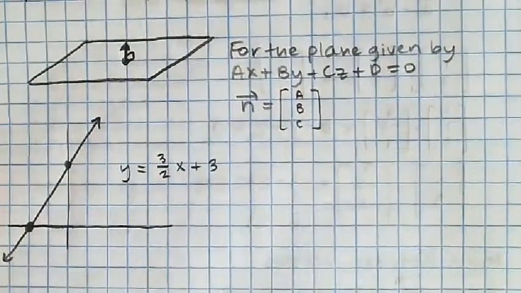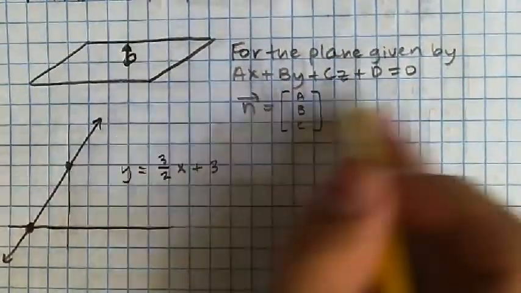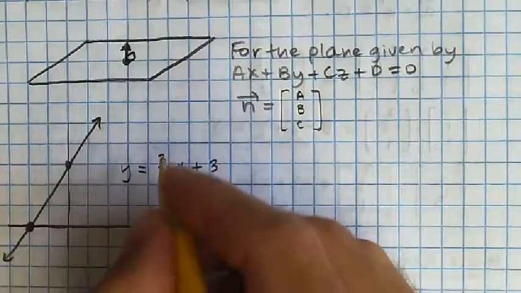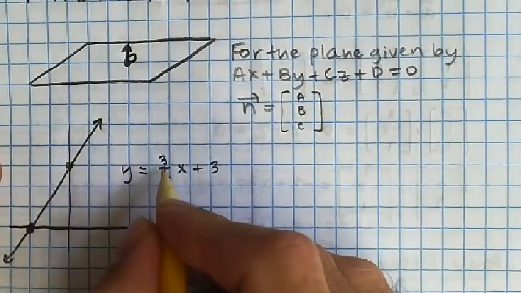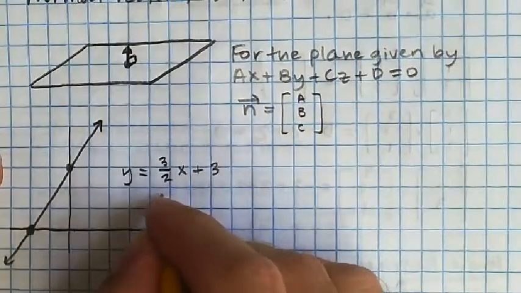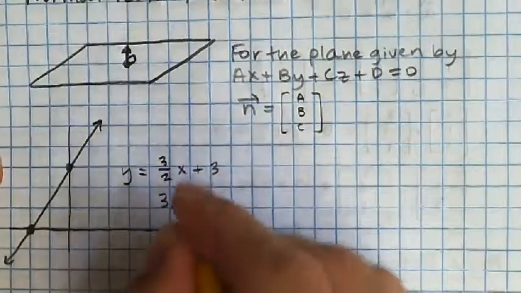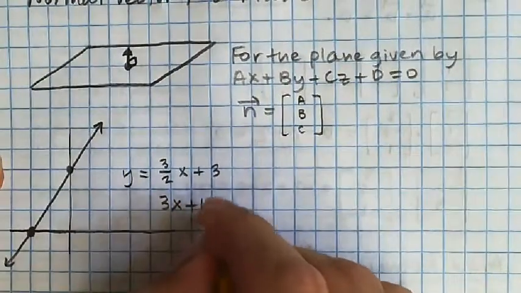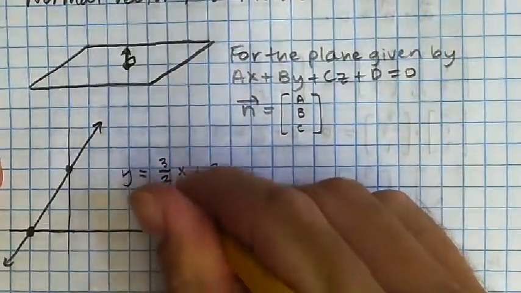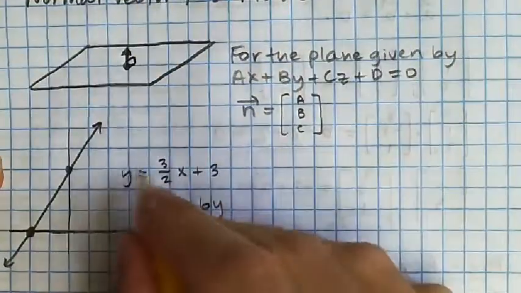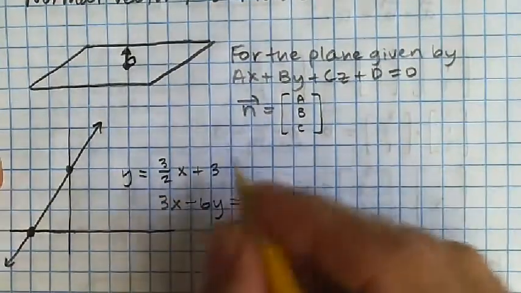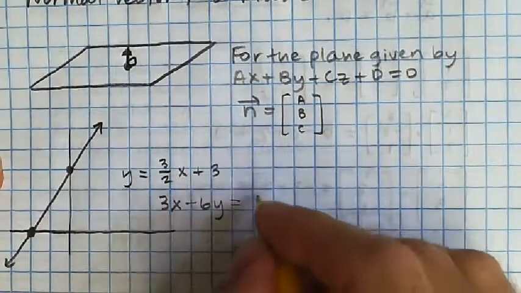Okay, but notice we solve for y. And over here we're looking at the standard form, but we can write this in ax plus by equals c very easily, right? I could say 3x plus 6y, wait, not plus, it's going to need to be a minus. 3x minus 6y equals negative 6.